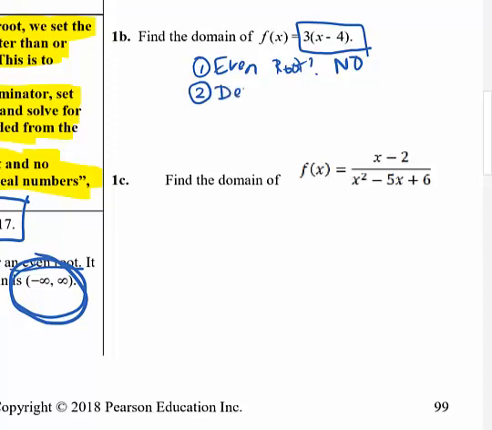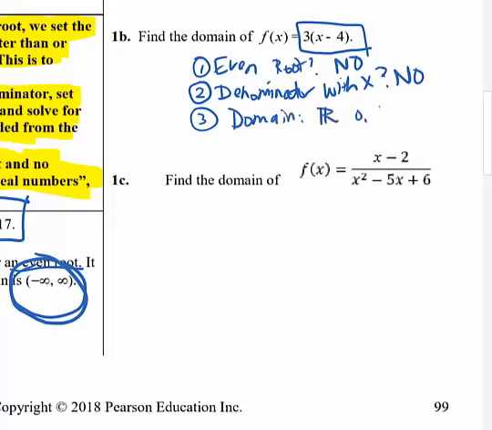How about a denominator with x involved? No, I don't see a denominator either. No fractions, no denominators. That means if neither of those are going on, then the domain is all real numbers, or negative infinity to infinity.